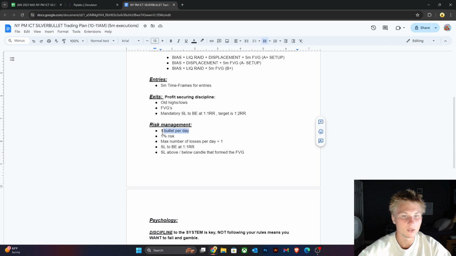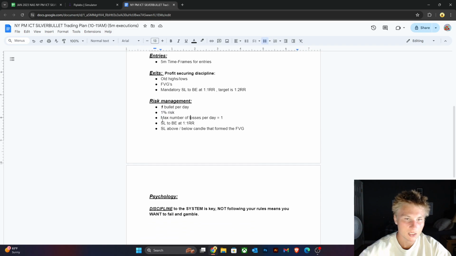I'm going to be doing 1 trade per Silver Bullet, so only 1 trade per day pretty much for this data, 1% risk. So that means that my max risk for the day is just 1%, which is a fixed amount of risk. So stop loss to break even at 1-to-1 is another risk management strategy I'm going to be using.